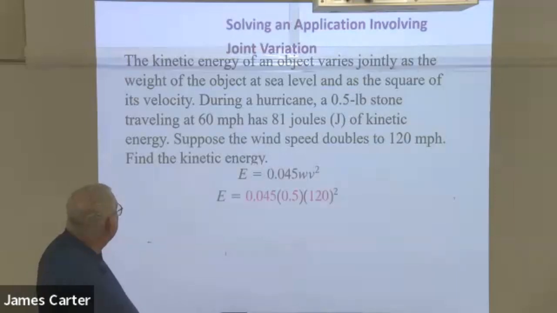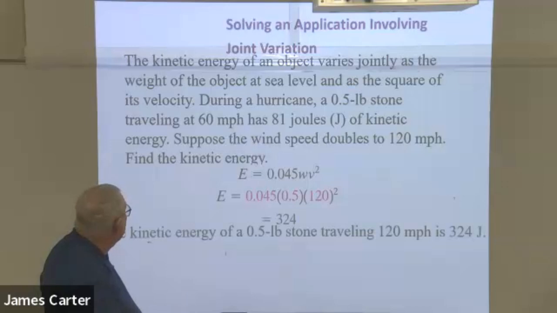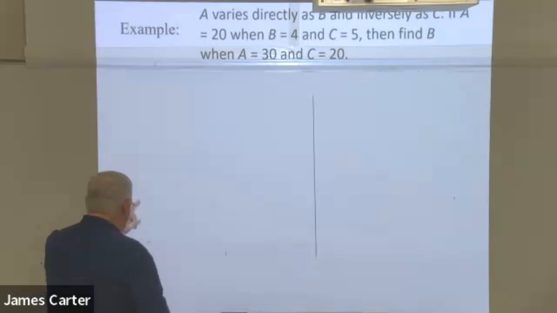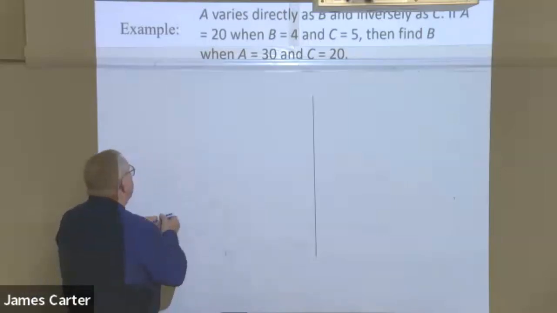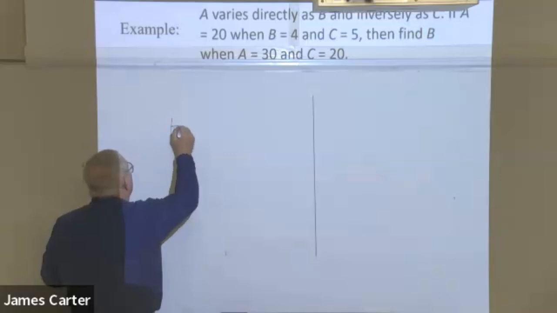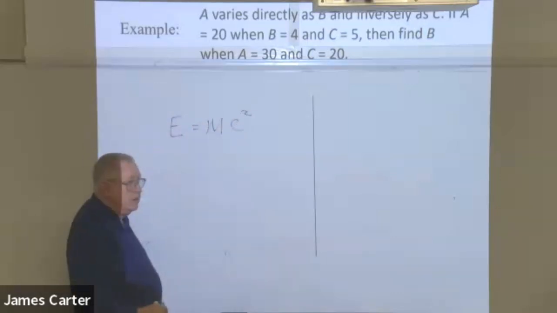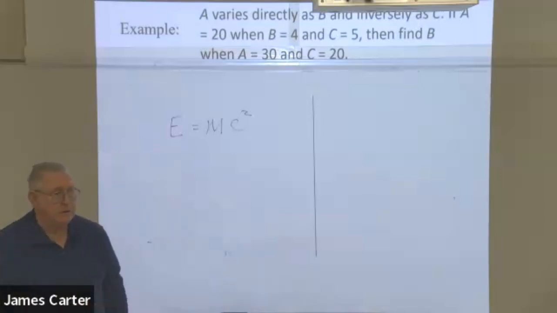Here's just another one of those. Actually, I think I must have gone backwards. Now, I want to do one before I do this. Any of you ever heard of this formula? You have.